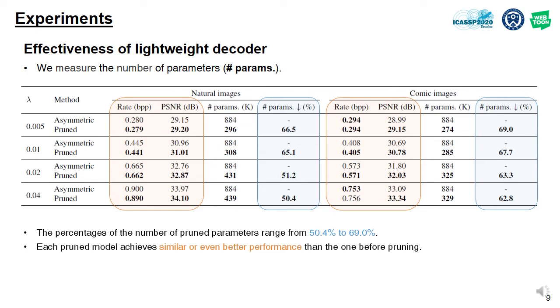And please note that each pruned model achieves similar or even better performance than the one before pruning. And you can see that the model with smaller lambda values can be pruned more. Smaller value of lambda means that contribution of distortion is smaller, so it allows the decoder to be pruned more.